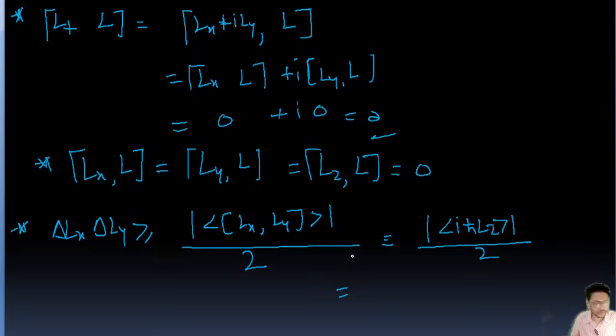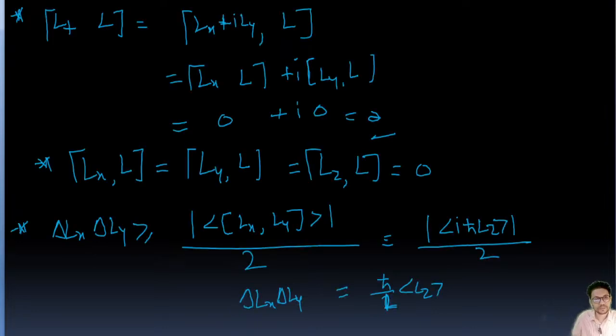So delta Lx into delta Ly is greater than or equal to h cut by 2 times the expectation value of Lz.